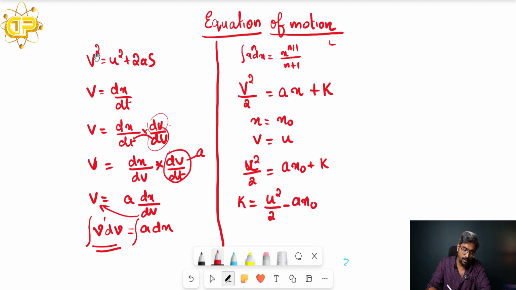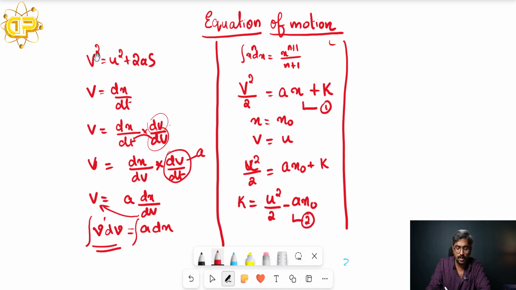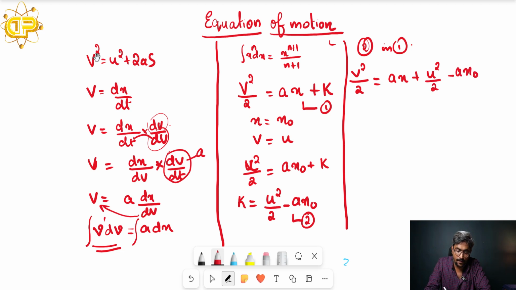Now if I'm saying this is equation 1 and this is equation 2, substitute equation 2 in 1, then you will get what? v square by 2 is equal to ax plus, instead of k you will write u square by 2 minus a x0, right? From there you will get the value like this.